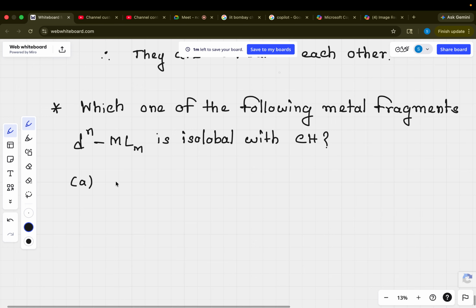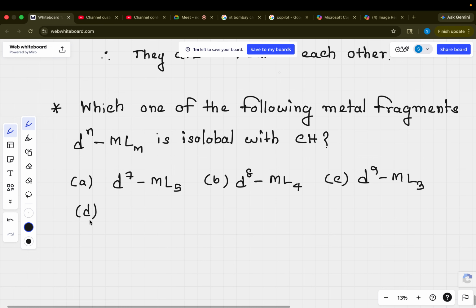Option A they have given you D7, ML5. Option B they have mentioned D8, ML4. Option C is D9, ML3, and option D is D5, ML6.